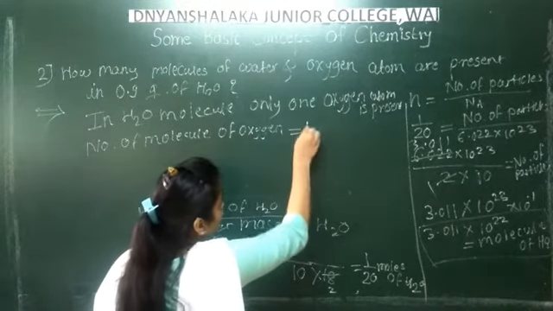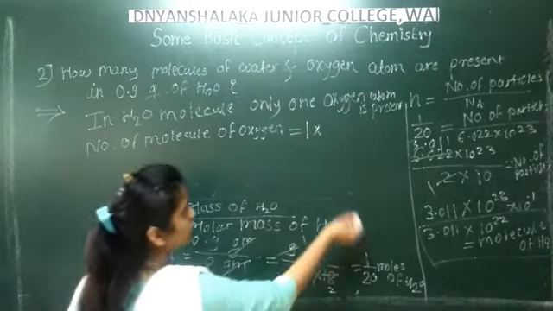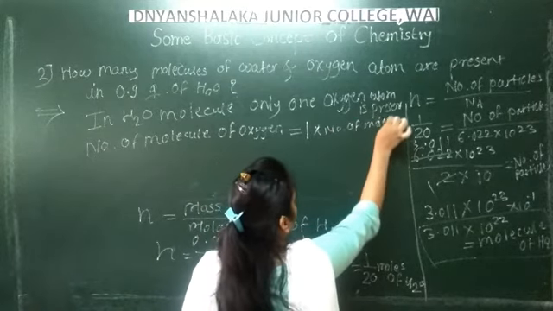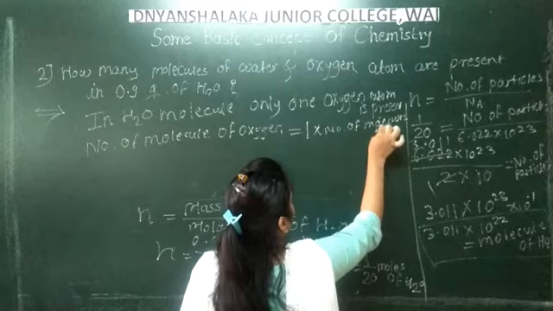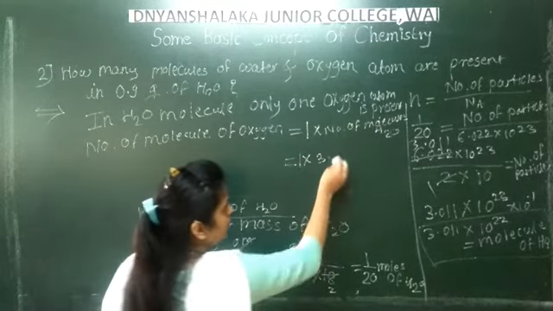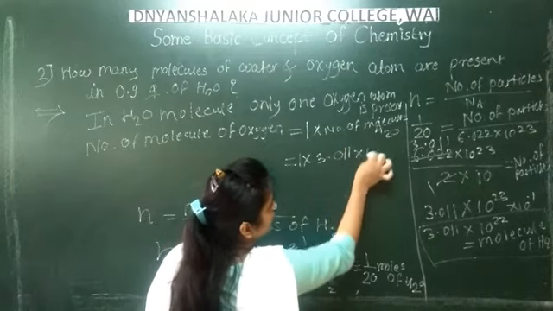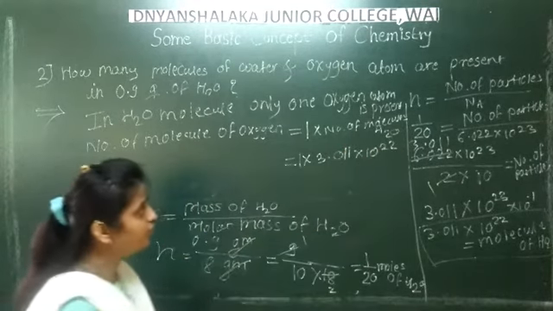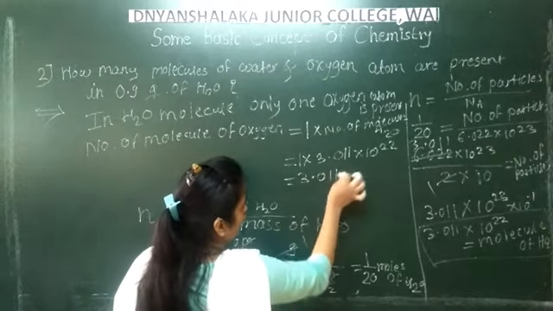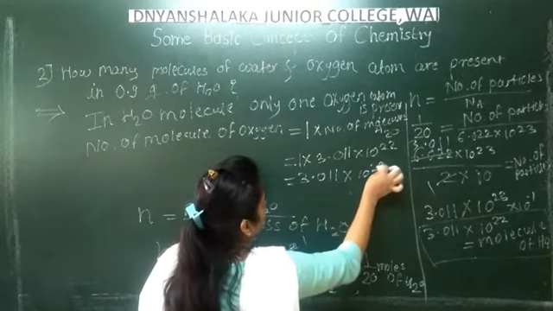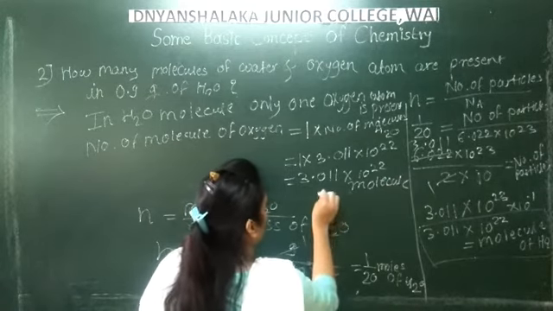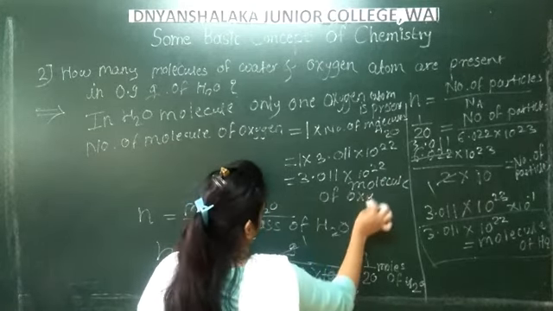Only one oxygen is present, so 1 into the number of molecules of water, 3.011 into 10 raised to 22. So it is 3.011 into 10 raised to 22 atoms of oxygen.